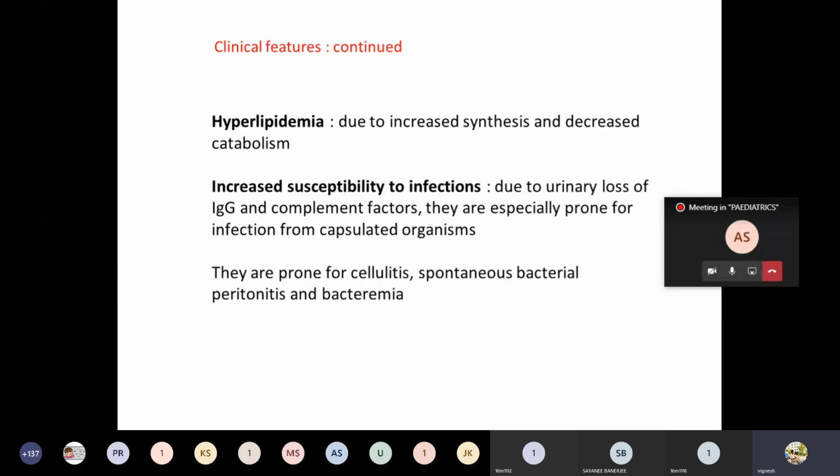They are especially prone to infections, mainly due to cocci, the capsulated organisms. Staphylococci and similar organisms usually cause infection in such children. Sometimes we'll see cellulitis, sometimes infection of the peritoneum that leads to peritonitis. Finally, some children suffer from bacteremia and sepsis. This is very rarely seen in children, but it is an immunocompromised status.